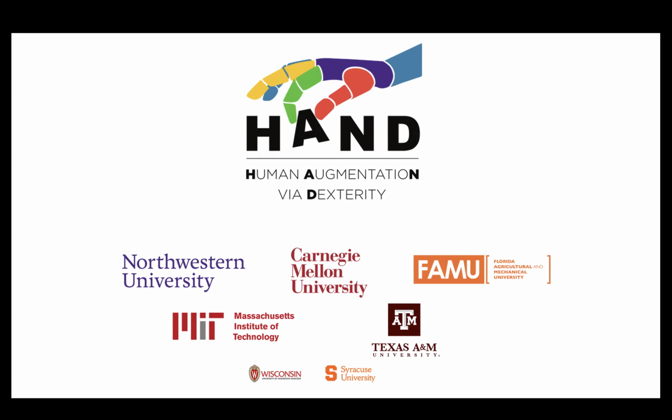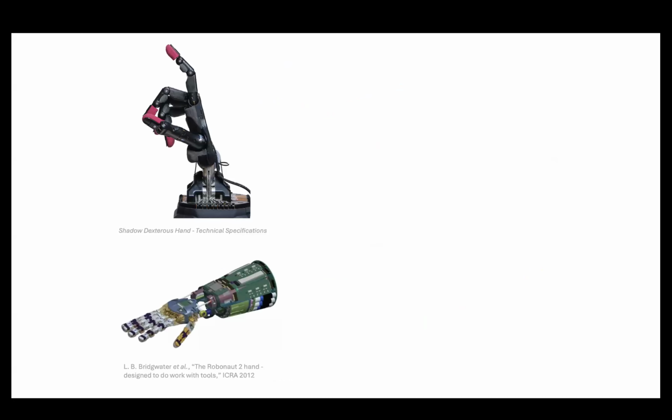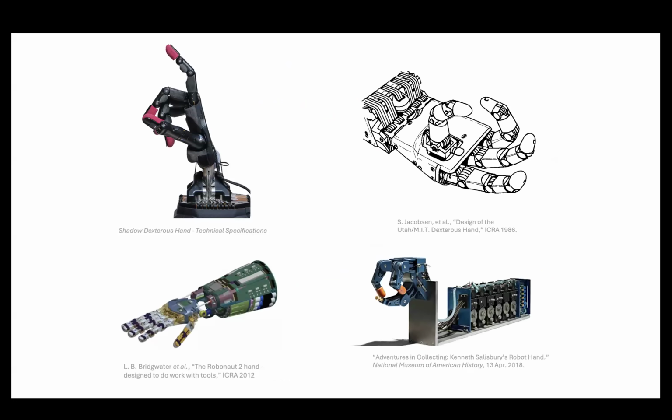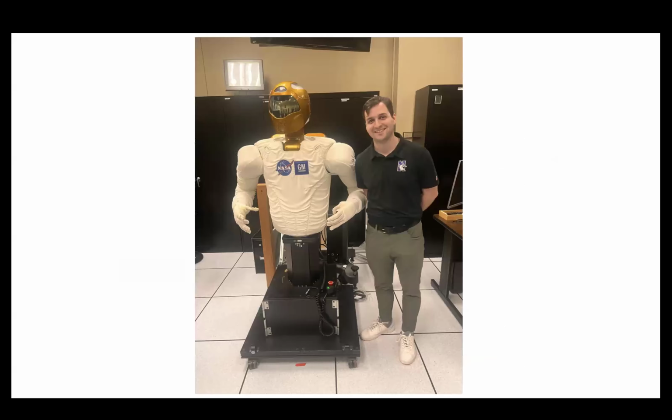As we've started this journey of creating this robot hand system, we've looked back on hands of the past that have been created. Some popular hands are the Shadow Dexterous hand, the Robonaut 2 hand, the Utah MIT hand, and the Stanford JPL hand. As we read about these hands and actually went and saw some of them in person, we noticed that they all use different technologies to try to accomplish the same task.